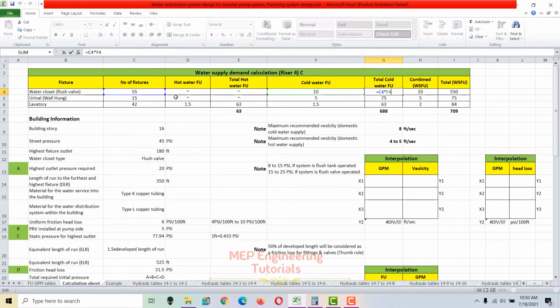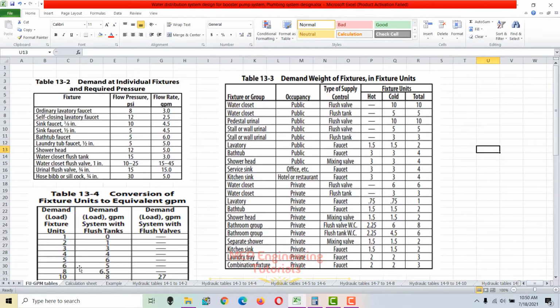We just need to multiply the number of fixtures with each fixture unit value. In the same way you have to go for urinals. For the total water supply fixture unit, we know that the 10 value we have calculated here is the combined total value of fixture unit.